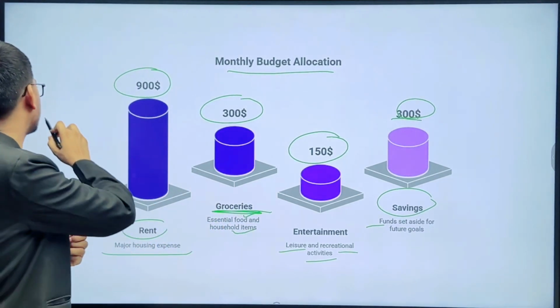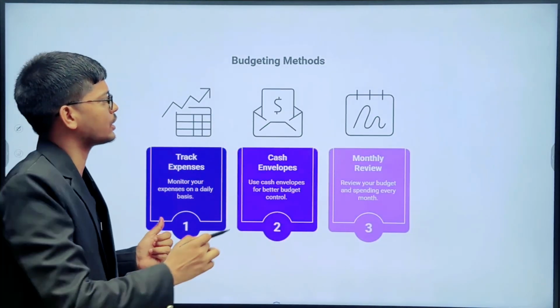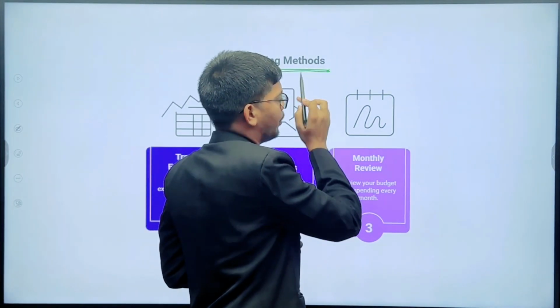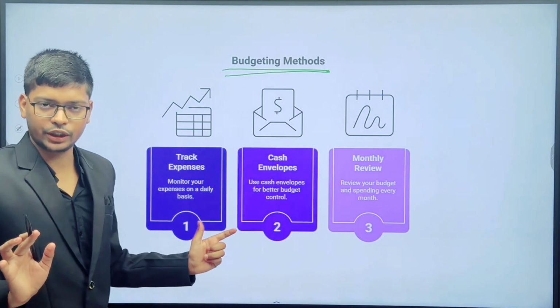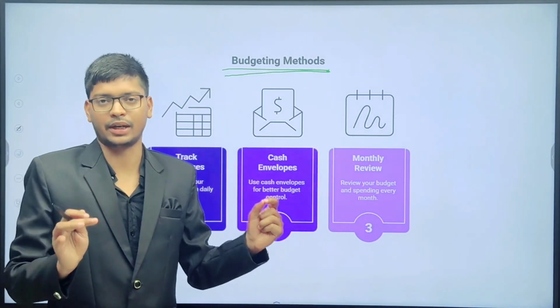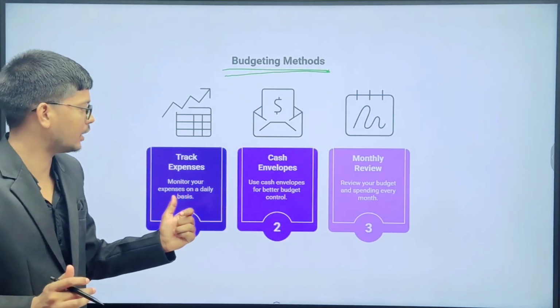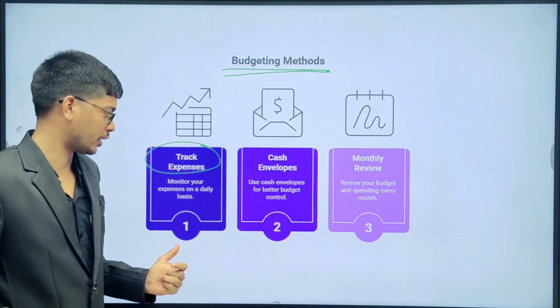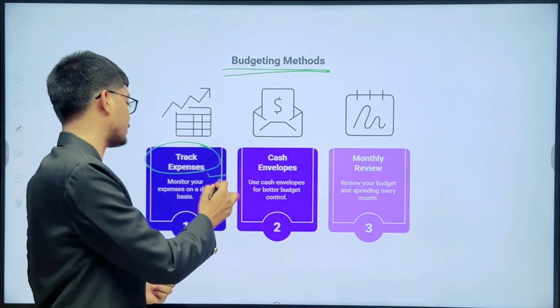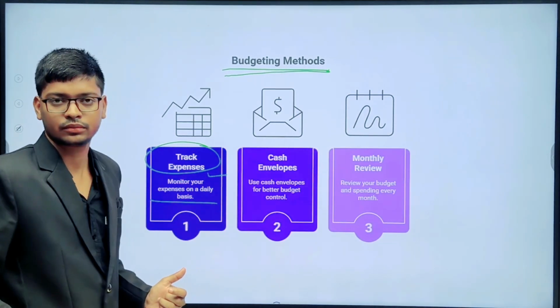Next, I want to talk about budgeting methods. I already told you about the essential parts of budgeting, but now you can also track your expenses. An important thing here: monitor your expenses on a daily basis.